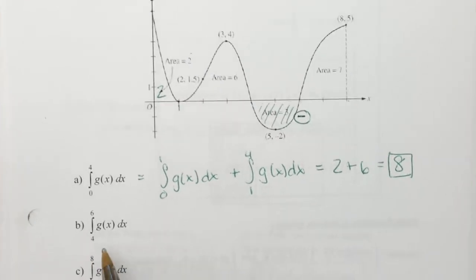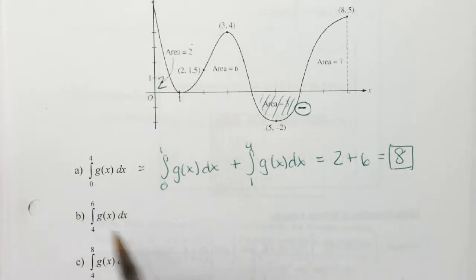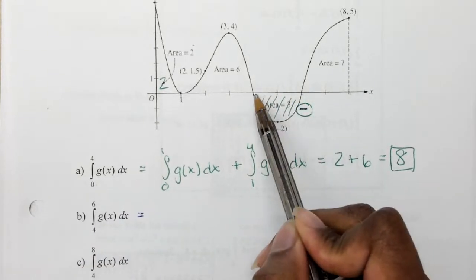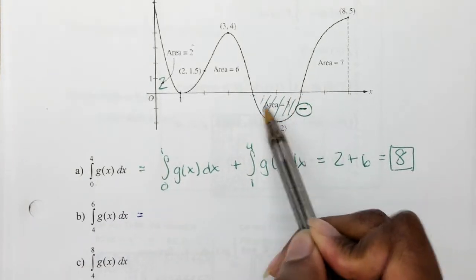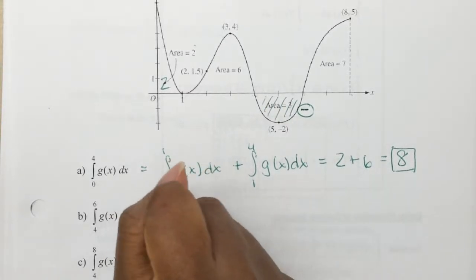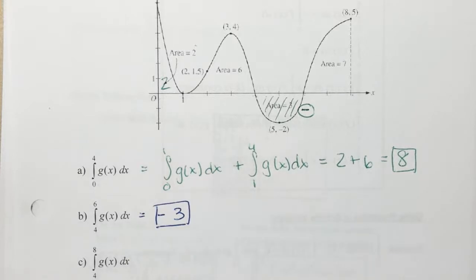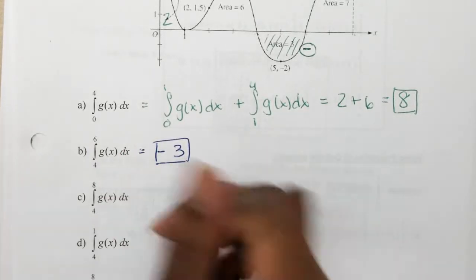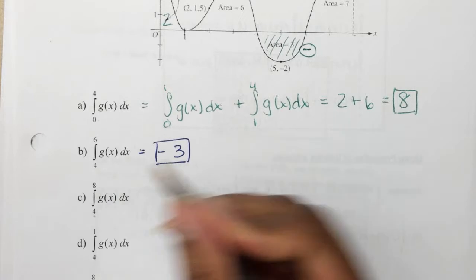For B, we want the area from 4 to 6, which we have the area is 3, but because it's below the x-axis, we know it's actually going to be negative 3. For C, we want the area from 4 to 8.